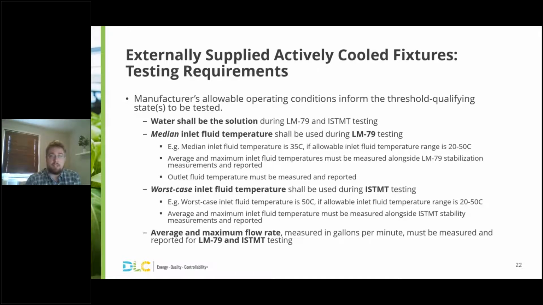So I believe that 1598 defines ISTMT stability where you're testing every 15 minutes and you're getting 1 degree or smaller change, and it's not increasing. So these measurements would happen alongside those. So additionally, the average and maximum flow rates measured in gallons per minute must be measured and reported for both the LM79 and ISTMT testing.